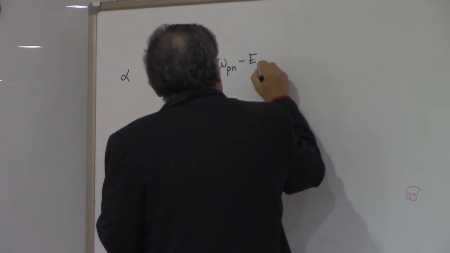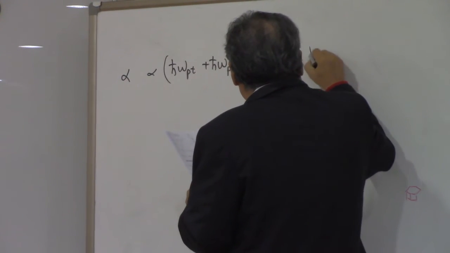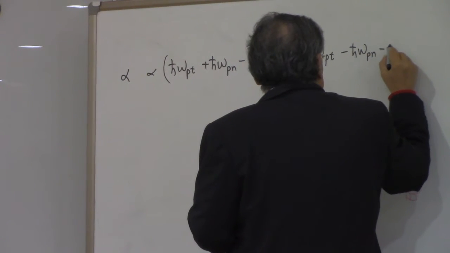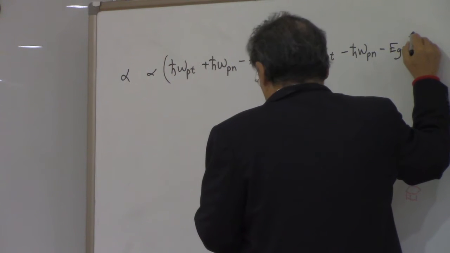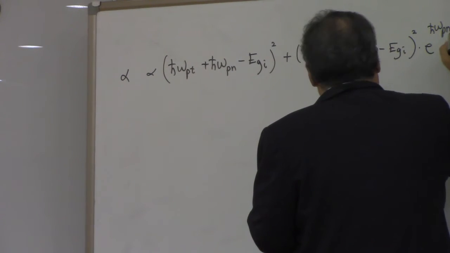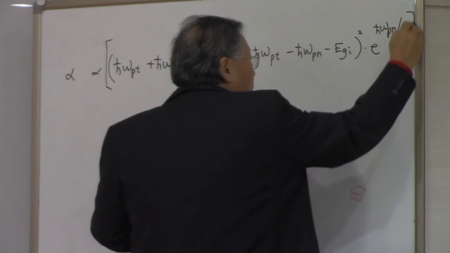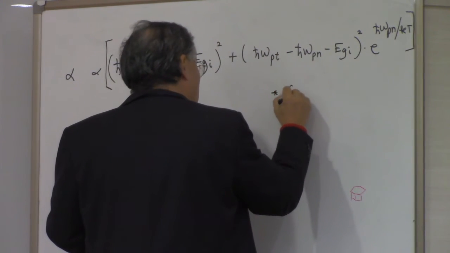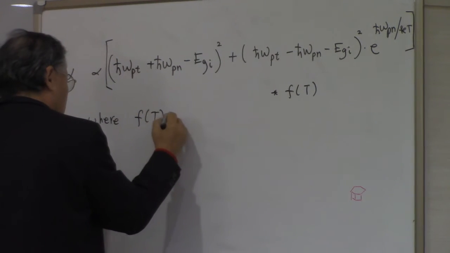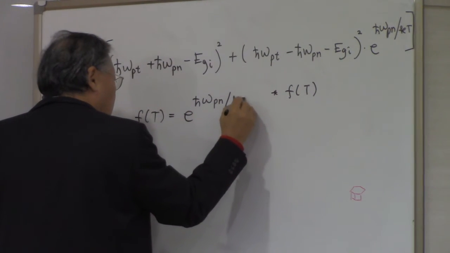And the indirect band gap, square, plus h bar omega photon minus h bar omega phonon minus band gap, square, times e to the h bar omega phonon over kT. And this whole thing has to be multiplied by f(T), where f(T) is e to the h bar omega phonon over kT minus 1.